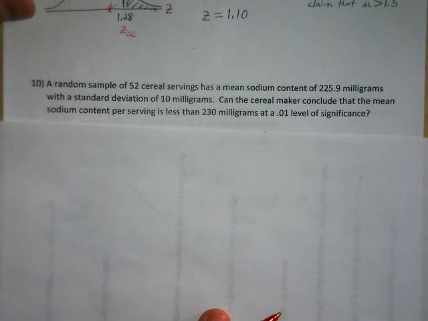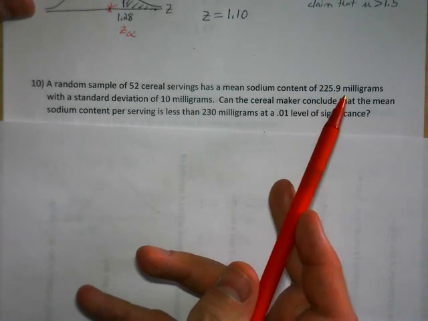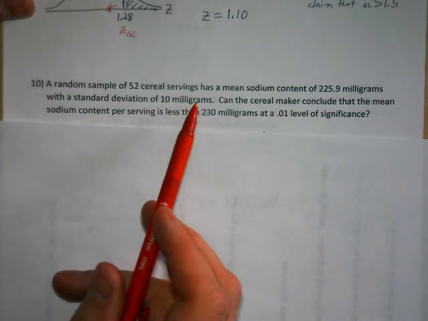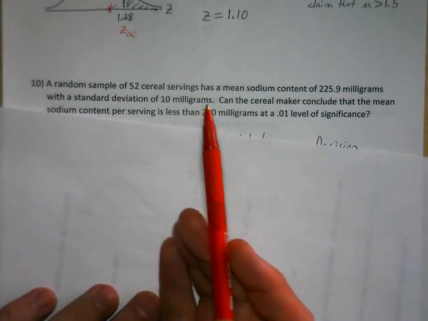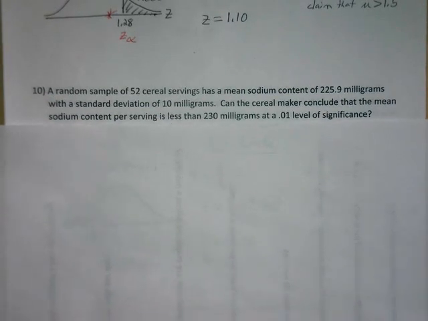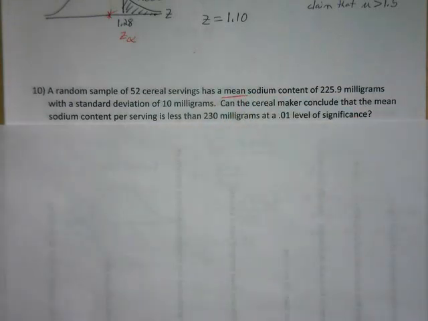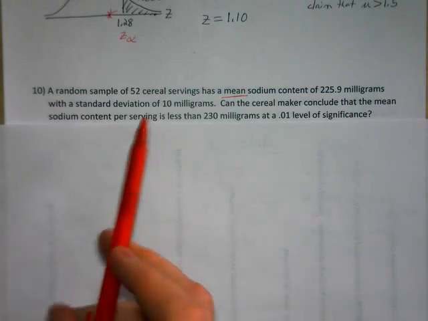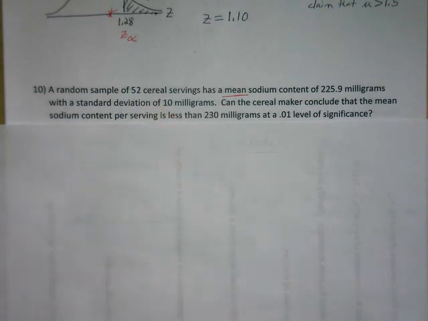Okay, another word problem. They took 52 cereal servings, a mean sodium content of 225.9 milligrams, with a standard deviation of 10 milligrams. Now you have to be careful on this one when you read it, and this is a big mistake that people will make. When they start talking about a mean, we're looking at mu, but there's 2 possibilities, whether we use a Z or a T. Well, when they say the standard deviation is 10 milligrams, they're not saying the population standard deviation, or sigma, is 10 milligrams.